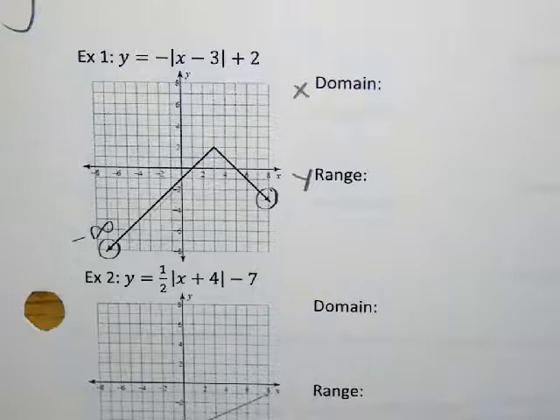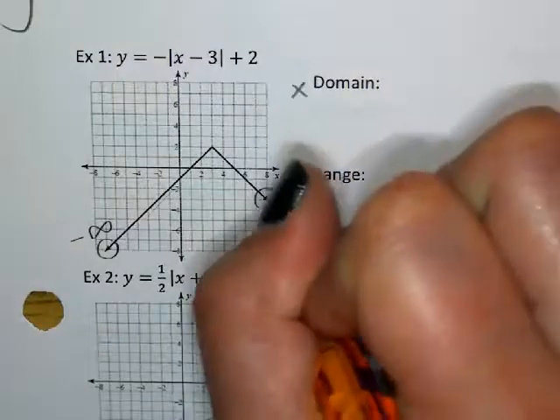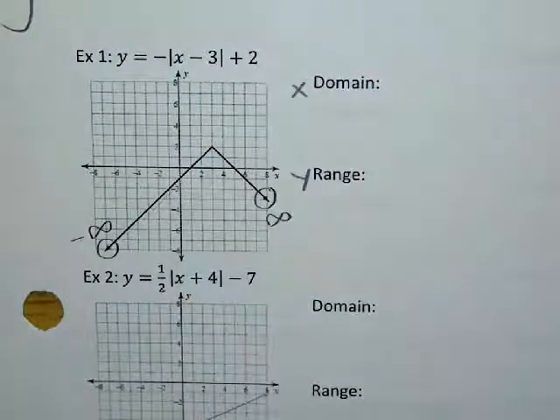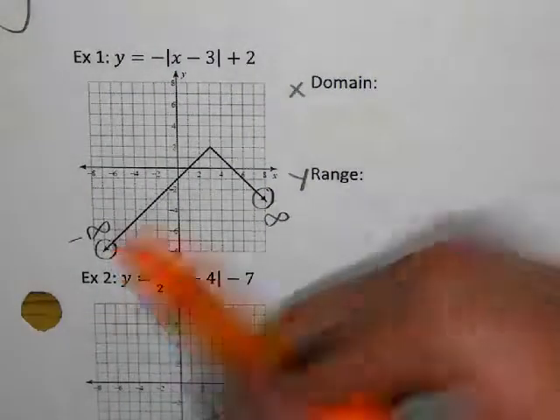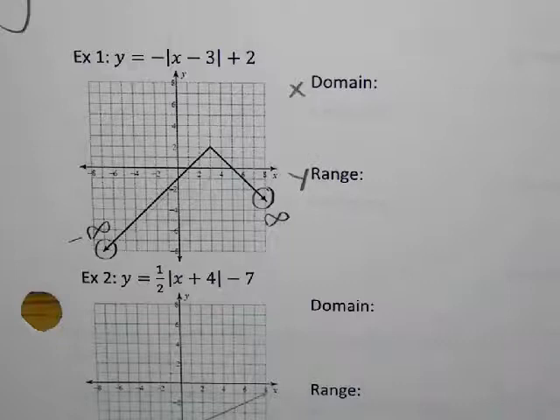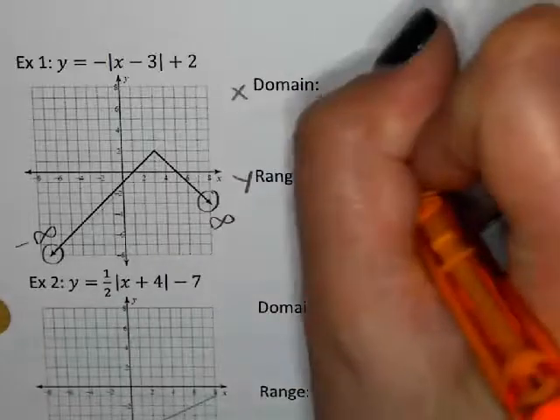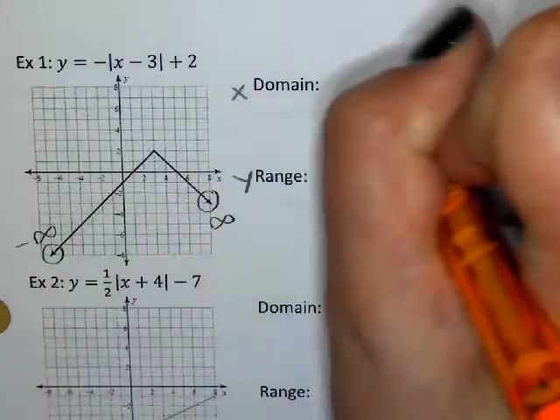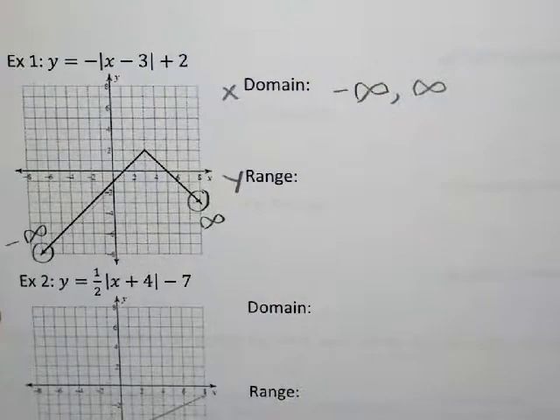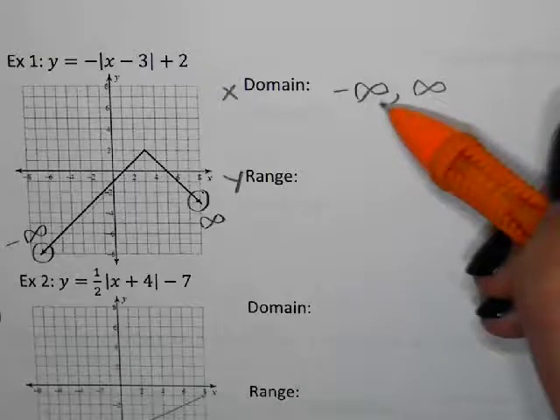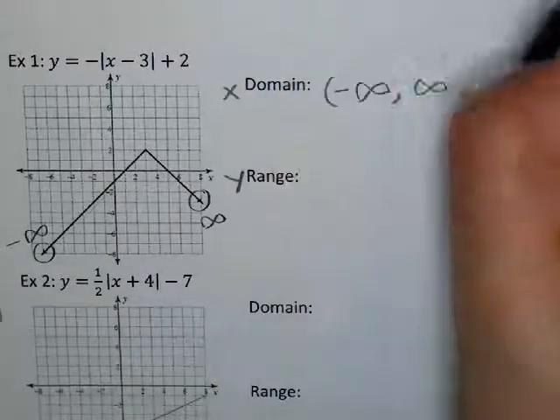And if we have an arrow going to the right, that's a positive infinity. So for your domain, if you have an arrow going to the left and an arrow going to the right, we're going to go ahead and write that down. The left side of the domain is negative infinity. The right side of the domain is positive infinity. And so we write down the answer from left to right, and I'm just going to put parentheses around it.